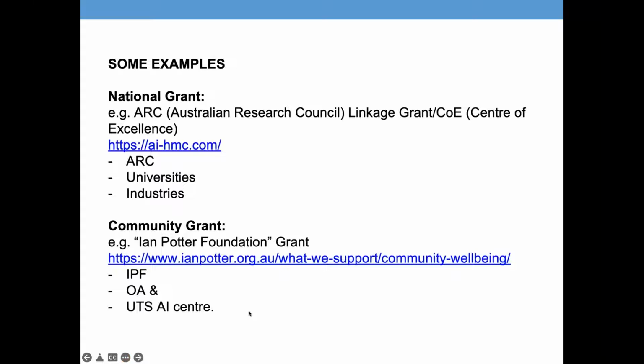The current project we're working on is OA and the UTS Artificial Intelligence Center and IPF trying to work together, for example to set up an AI import mentoring program. A program like this may fit into this category. That type of grant is not a pure business grant. It can be a grant even for non-profit purposes.